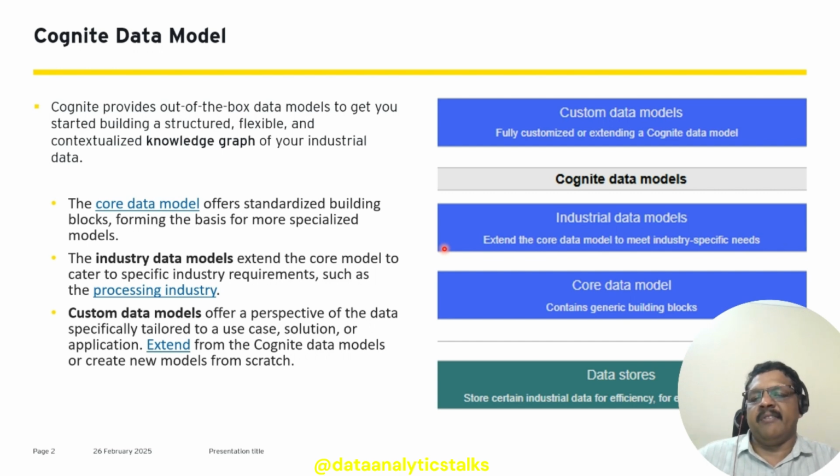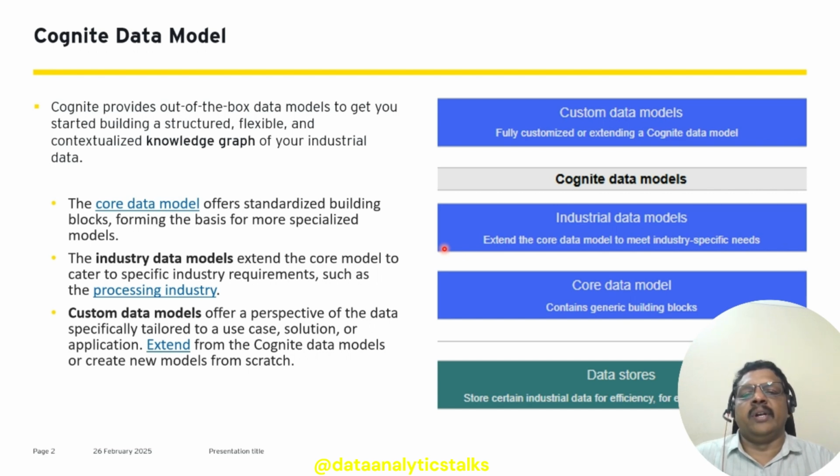For example, ISO 14224 is an ISO model applicable to the oil and gas industry. It has a lot of additional properties and fields required and mandated by the ISO, so we extend the core data model to include these additional properties as part of the industrial data model.